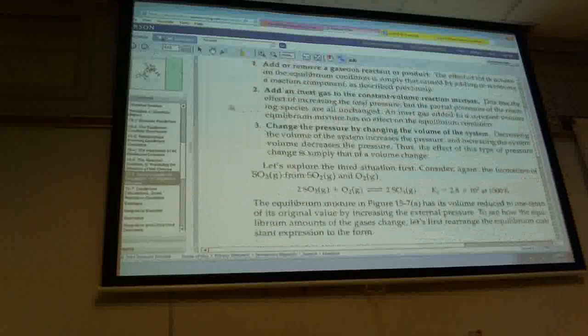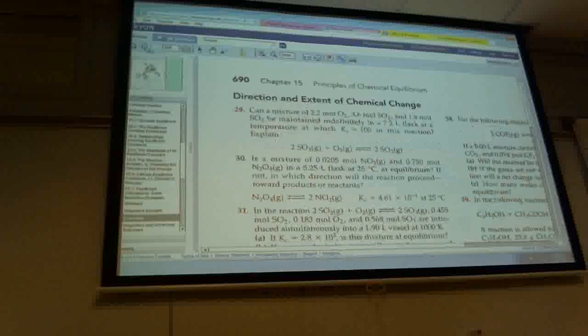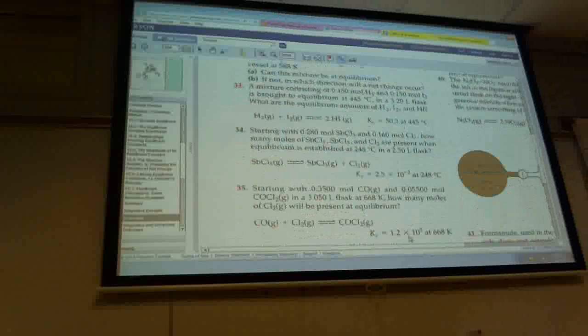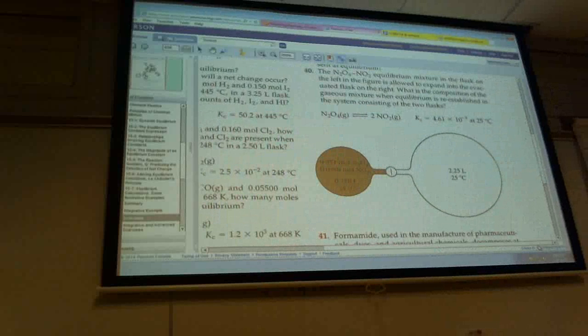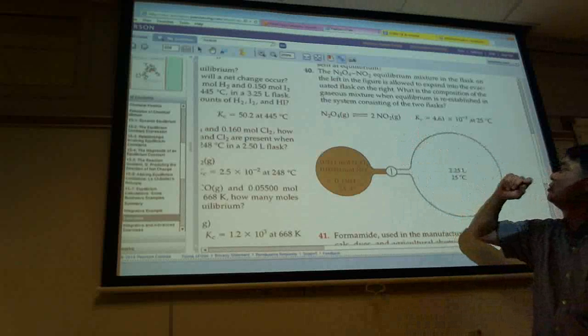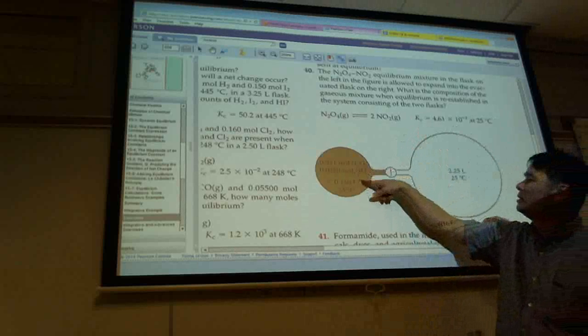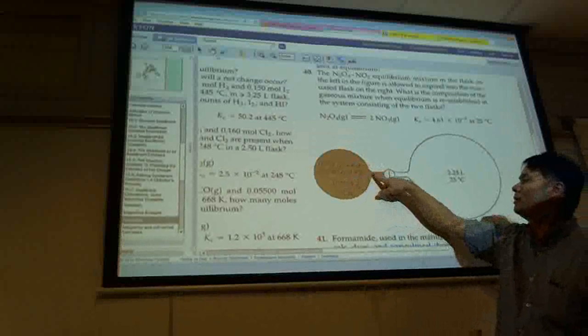All right. So let's go back to the homework and take a look at this problem here. Number 40. And so number 40, we have N2O4, NO2 equilibrium. And in fact, this mixture is currently at equilibrium in the brown container.